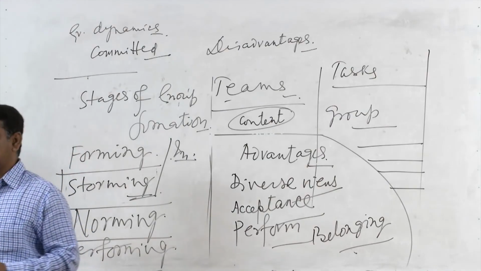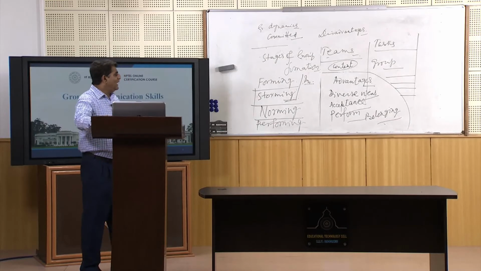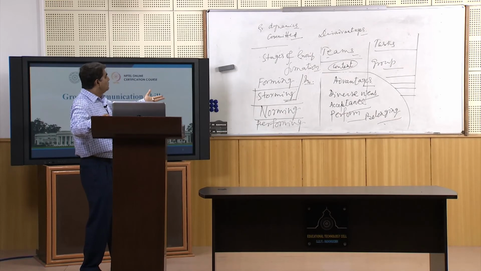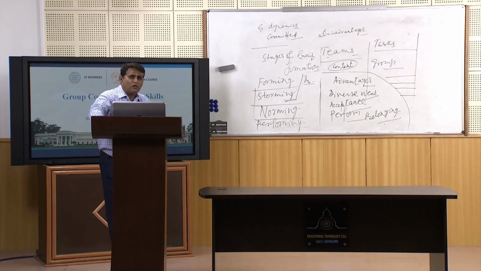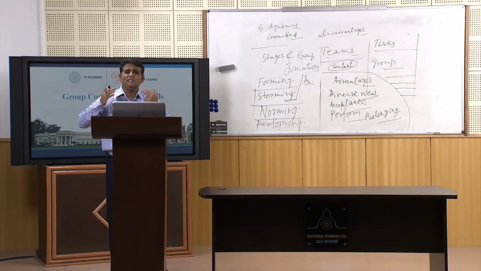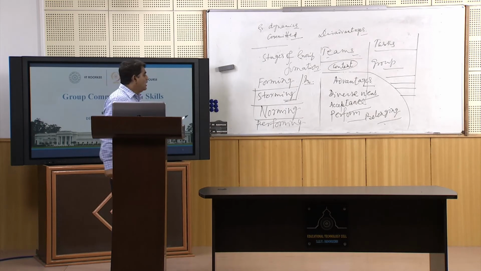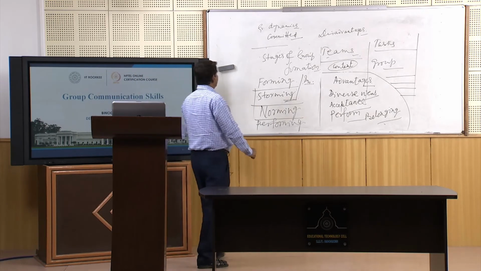Initially when you had started forming the group, you did not know that finally you may come to perform. But after having a lot of interaction with other members in the group, and realizing the worth of their ideas and your ideas as well, when there has been cross-fertilization of ideas, you have finally come to the stage of performing.